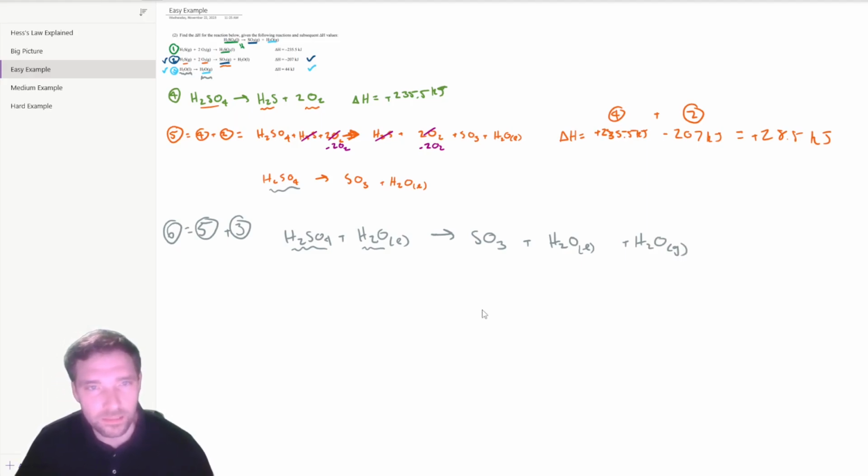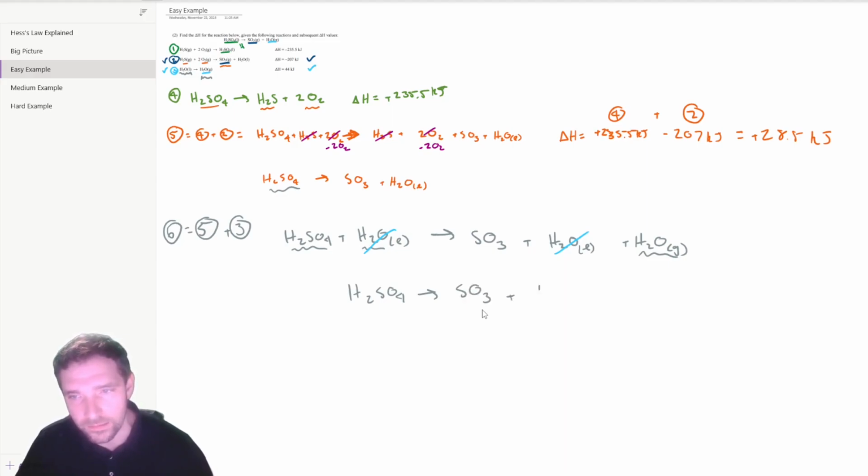And it looks to me like that works out pretty nicely with the canceling. So we can see that the water that's a liquid gets canceled out on both sides. And this leaves us with our final reaction that we're trying to make. The H2SO4 going and forming the SO3 and some water that is a gas.